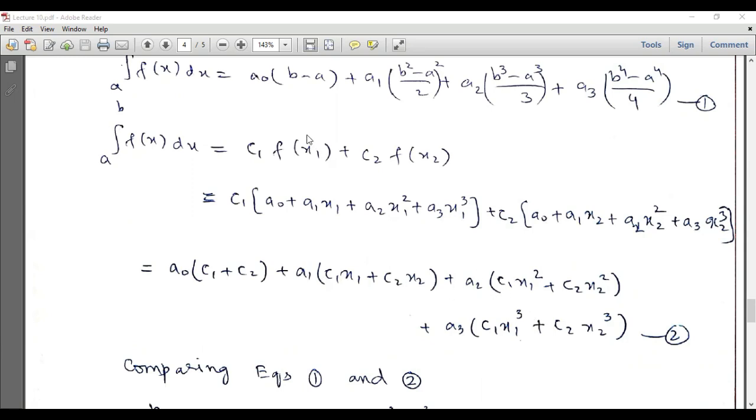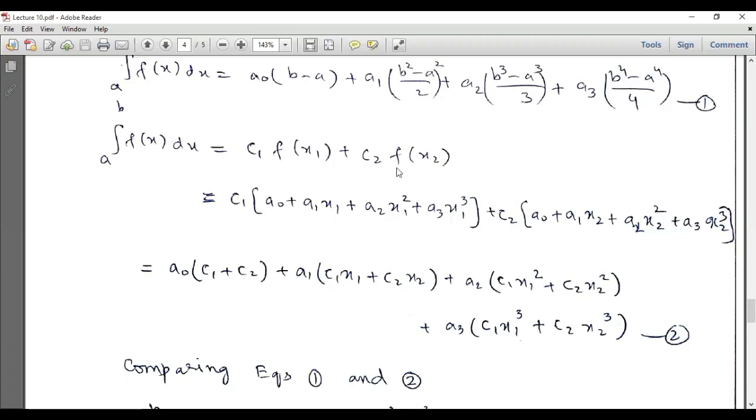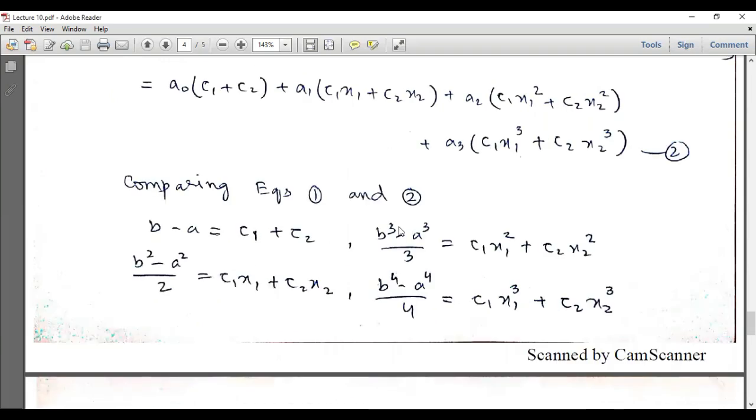Now this equation can be compared with equation number 1, and by this comparison we can say that c1 plus c2 is equal to b minus a, and c1 x1 plus c2 x2 is equal to (b square minus a square) divided by 2. Similarly, this expression will be equal to this expression, and this expression is equal to this expression. Now we have four equations and four unknowns, c1, c2, x1, and x2.